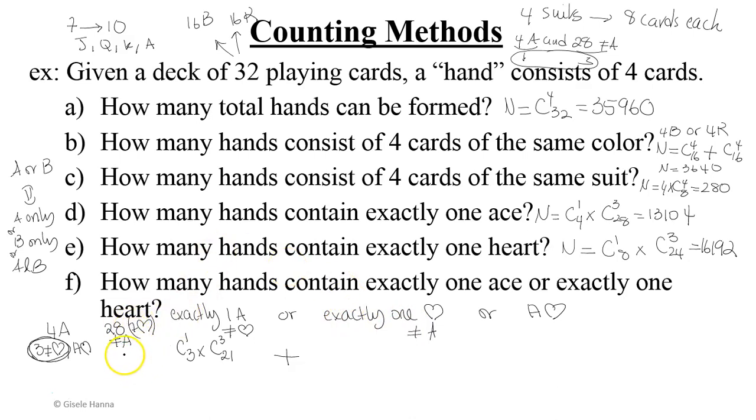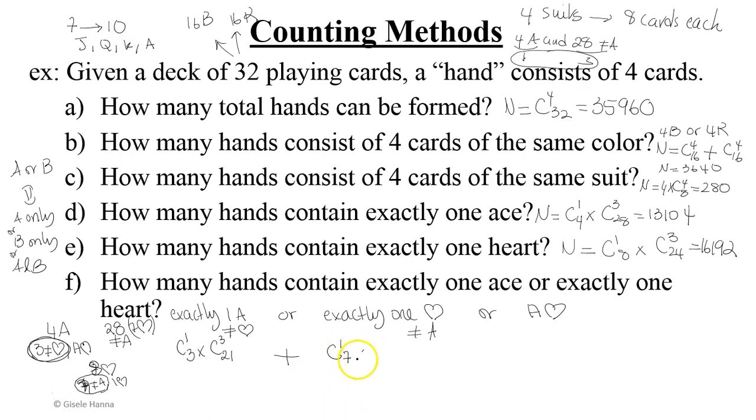So over here, exactly one heart. We have 8 hearts, out of which 7 are not aces, and 1 of them is an ace. Sorry, we have 8 hearts, so this is a 7 here. So this one card should be chosen out of the 7 hearts that are not aces.